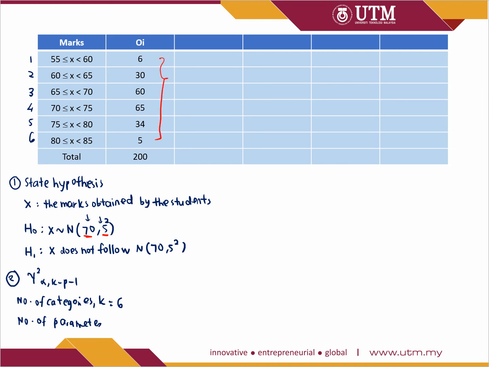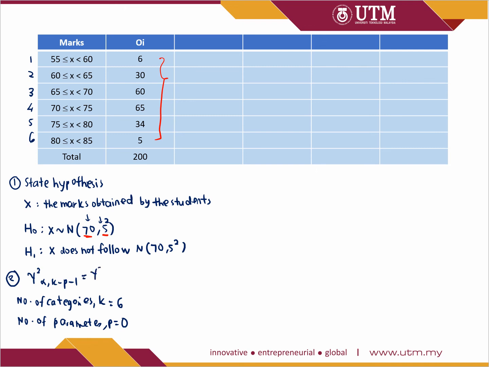We don't calculate these values from the sample, which means the number of parameters estimated from the sample equals 0. We don't estimate any parameters from the sample to generate the hypothesized distribution, because this is simply taken from the question.